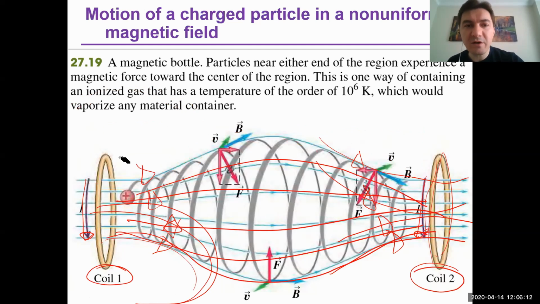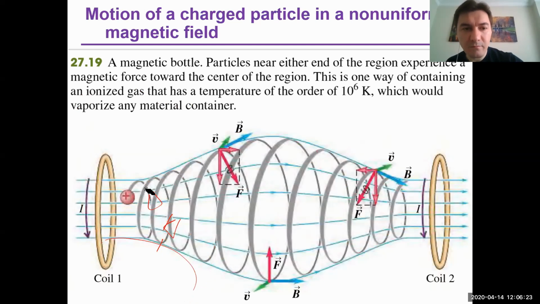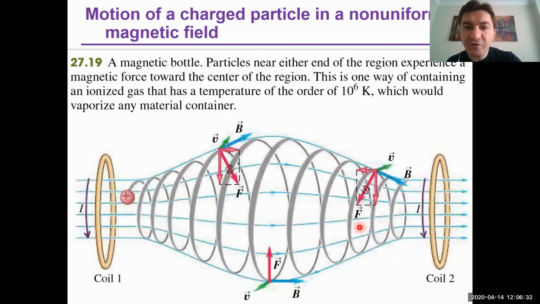Then let me continue. Okay, so here we have a non-uniform magnetic field between coil 1 and coil 2, and one positively charged particle enters into that non-uniform magnetic field.